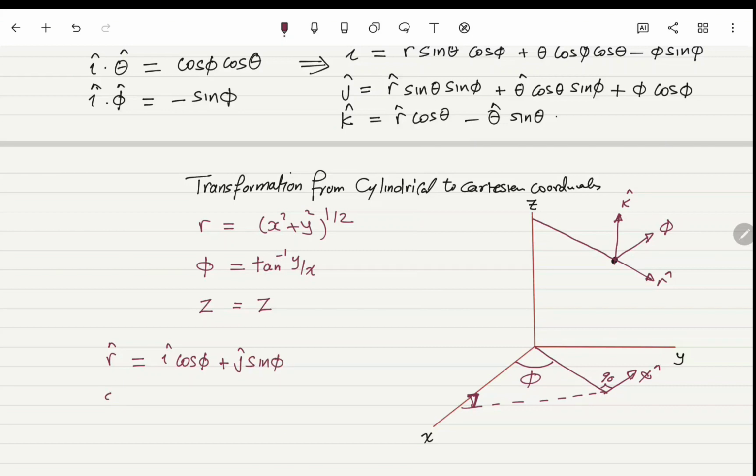Now phi hat, it's the same as spherical coordinates, nothing changed here. It's minus i hat sine phi plus j hat cosine phi. Again, k hat is the same as in Cartesian coordinates.